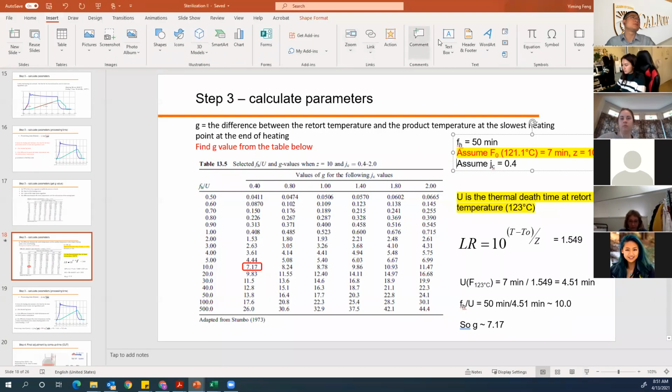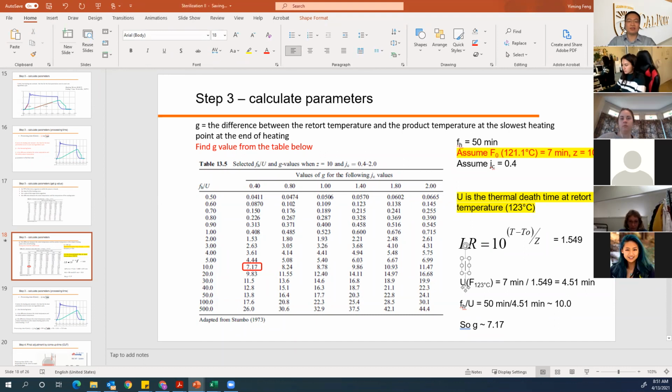We know that the temperature of the retort is 123, and our reference temperature is 121 degrees C. If we plug in these numbers, we can calculate the U value.